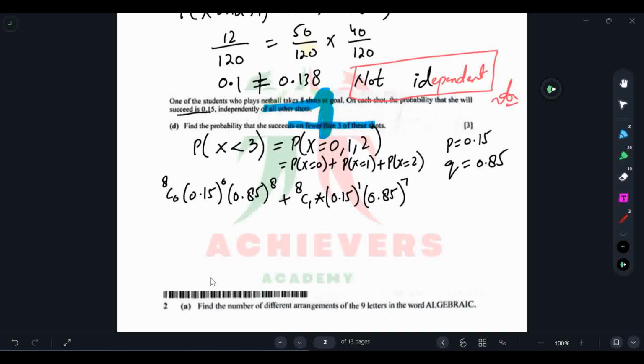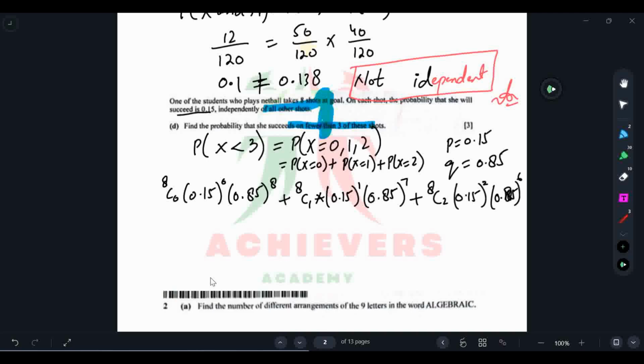Basically this will be 8C2 for the third one, 0.15 to the power 2 into 0.85 to the power 6.